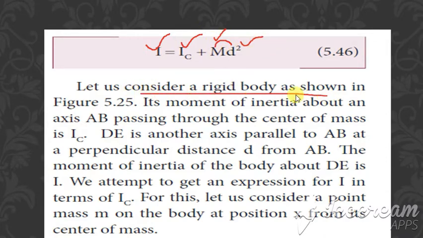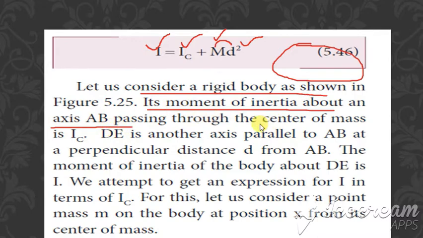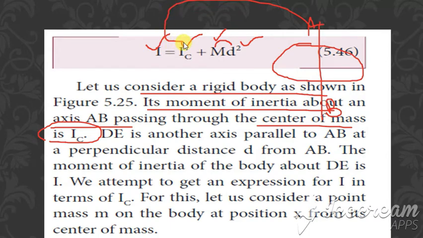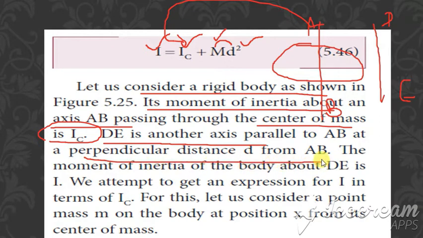So let us consider a rigid body. Its moment of inertia about AB, which is passing through the center of mass, is IC. Next, DE is another axis, which is at a distance d from AB.